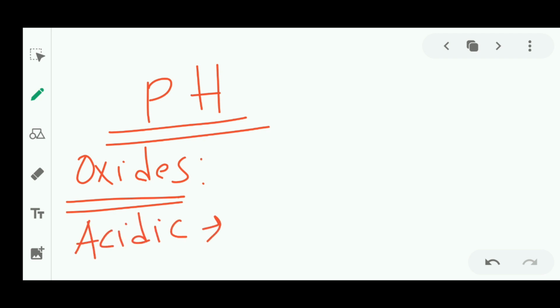What do you mean by acidic oxide? Acidic oxides are the non-metallic oxides which react with base to give salt and water.